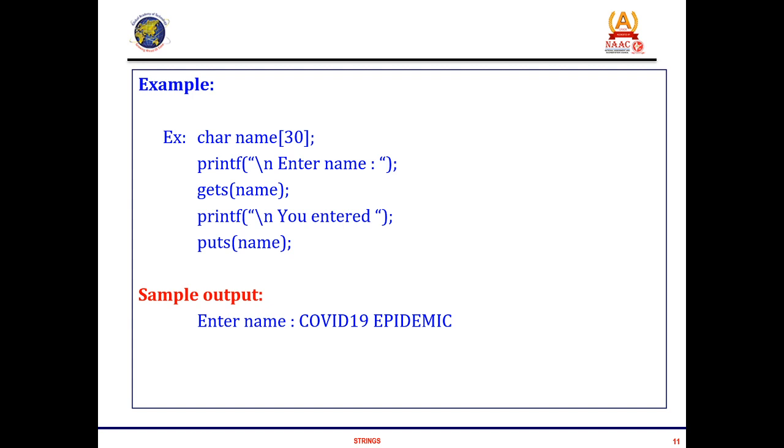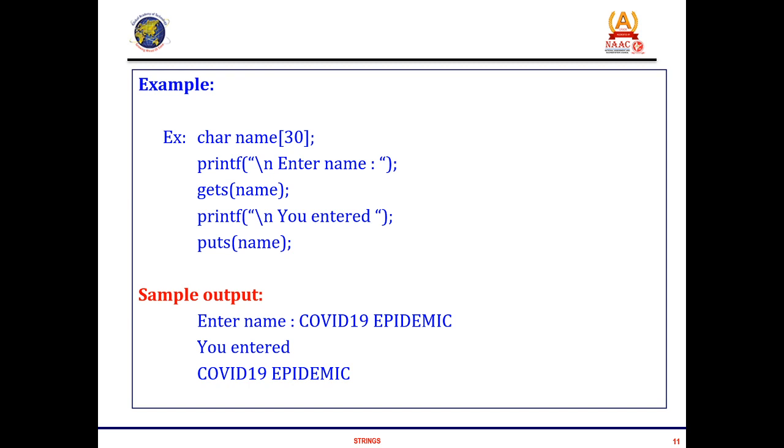If instead of gets you were using scanf %s, this would not have been the situation. Because I am using an unformatted input function called gets, I am able to make use of blank space as a part of my input. So if I enter COVID-19 epidemic, I'll get the output like this.